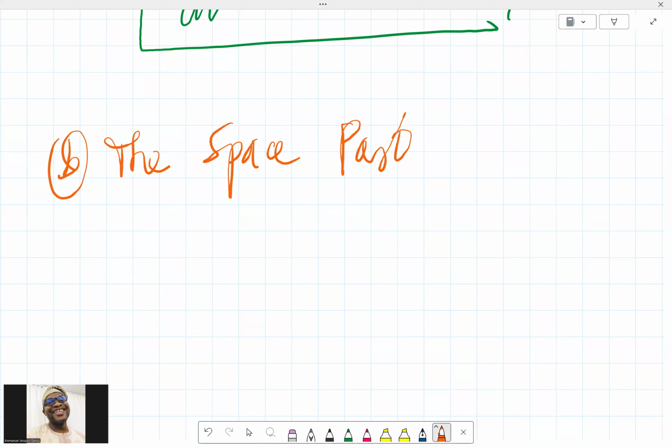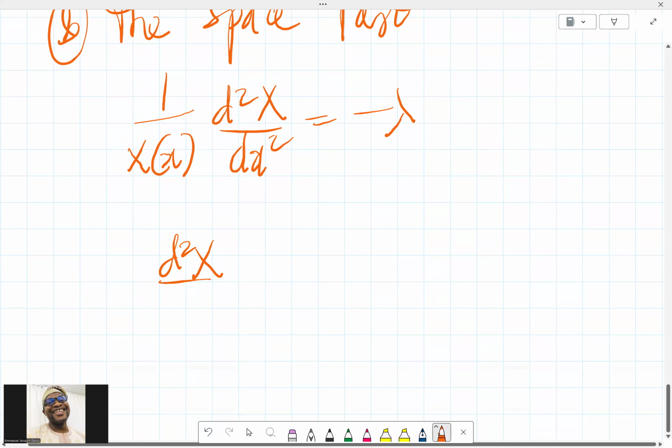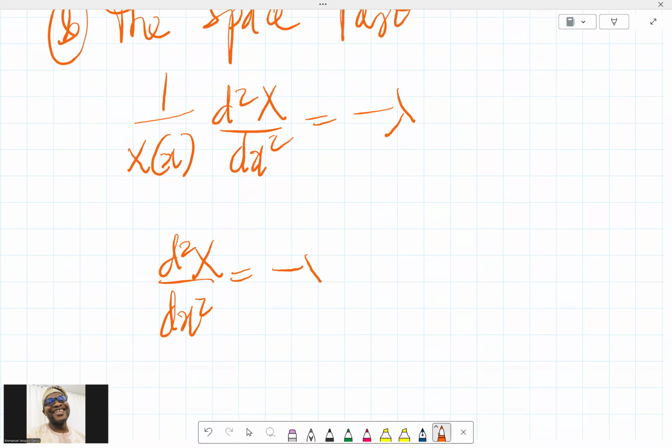For the space part, we simply have 1 over X. I don't want that to look like alpha. 1 over X(x) d squared X/dx squared equals minus lambda. So we can have d squared X/dx squared equals minus lambda X(x).